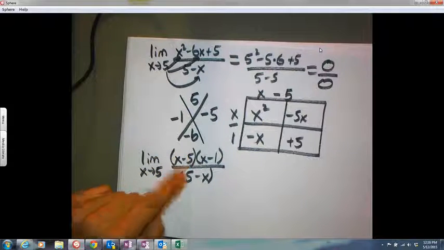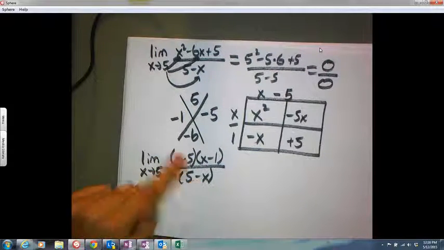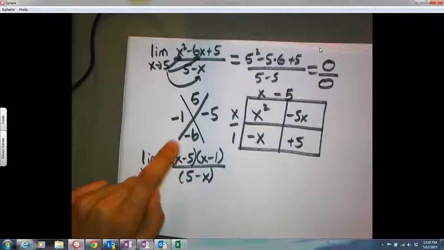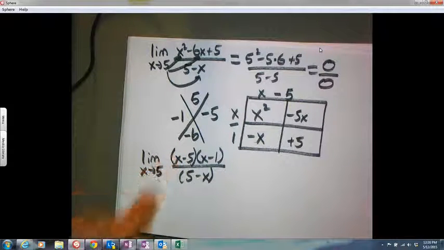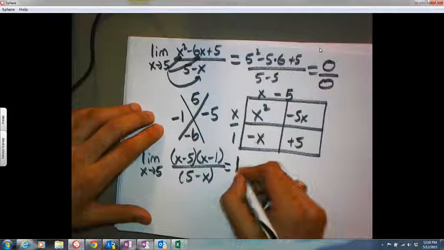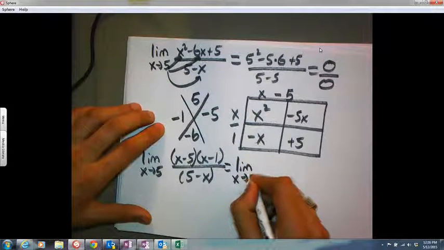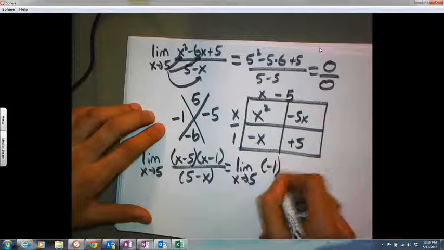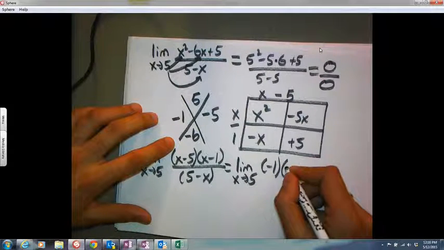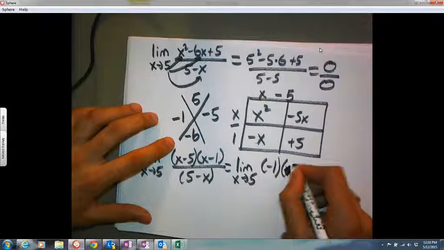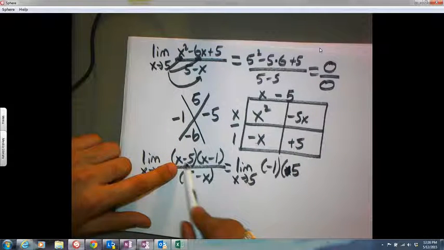So you need to take out a negative 1 on the top. So here's what you need to get to. So you take out the negative 1. Now this becomes a positive 5. It used to be negative, it becomes positive. This used to be positive x, now it becomes negative x.